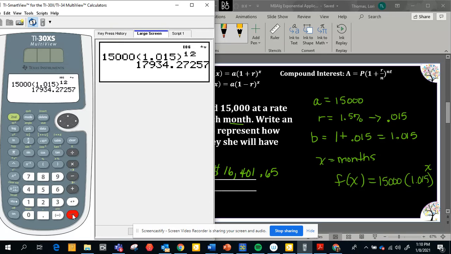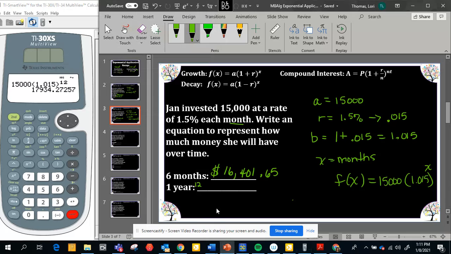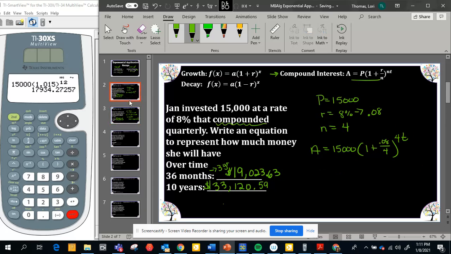And this is how much money she will have in a year. So $17,934.27.